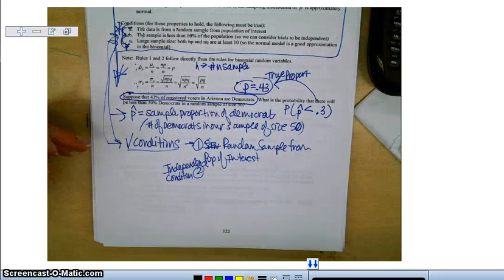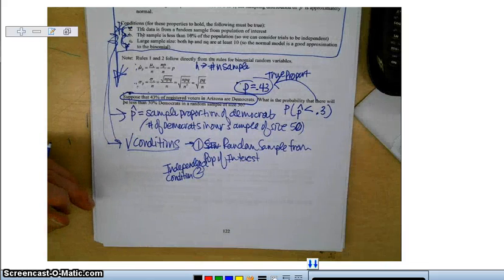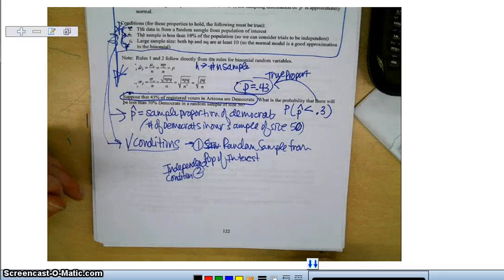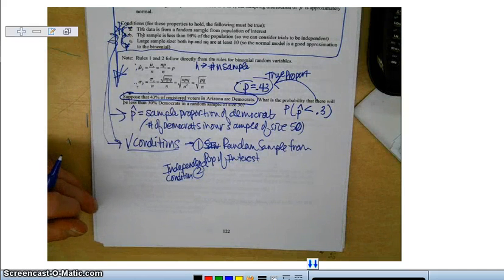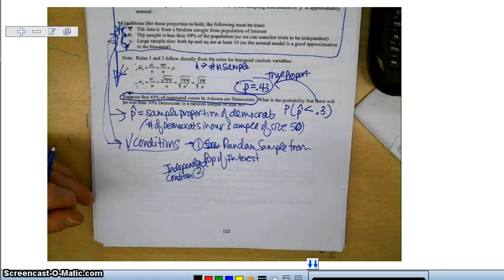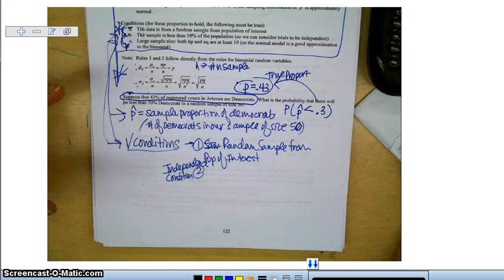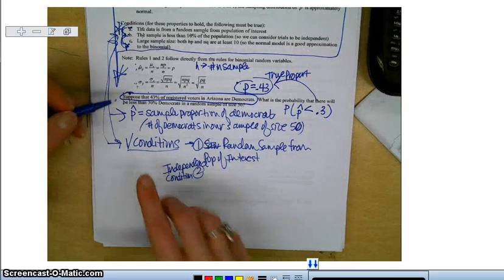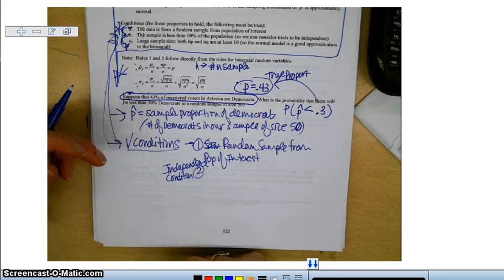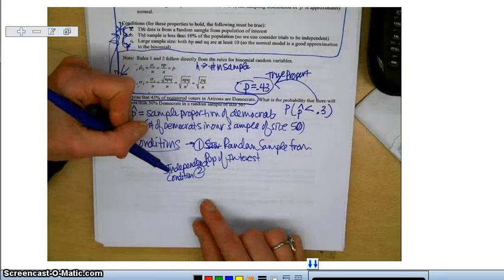Well, if you're asking people from a state, every time you remove a person, it's actually not independent because you're lowering the pool of people to ask from. But from the last chapter, if you ask only less than 10% of the population, it's okay. So you might know it as the 10% condition, the independence condition.